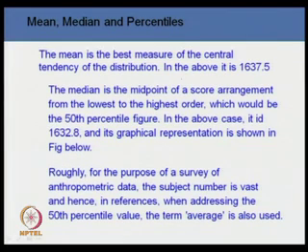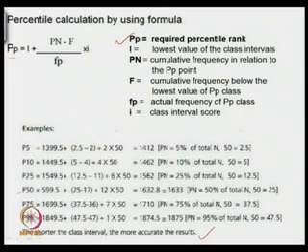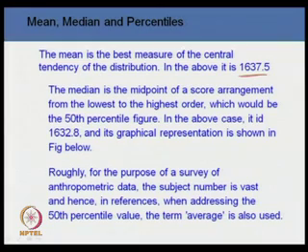So, 50 individuals we have measured, and the value comes to 1637.5, but as per the 50th percentile, it comes to 1632.8, means 1633 millimeter, but here we can see that the average is different.